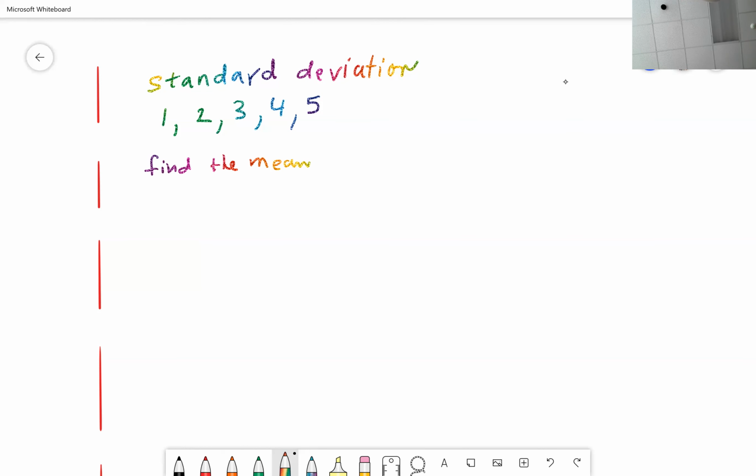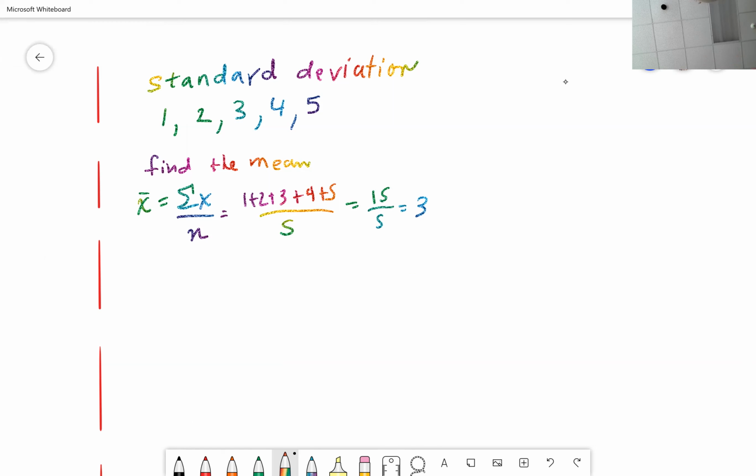The mean is the sum of x divided by n, which in this case is 1 plus 2 plus 3 plus 4 plus 5, all divided by 5. 5 plus 4 is 9, plus 3 is 12, plus 2 is 14, plus 1 is 15, divided by 5. That is 3. Agreed?